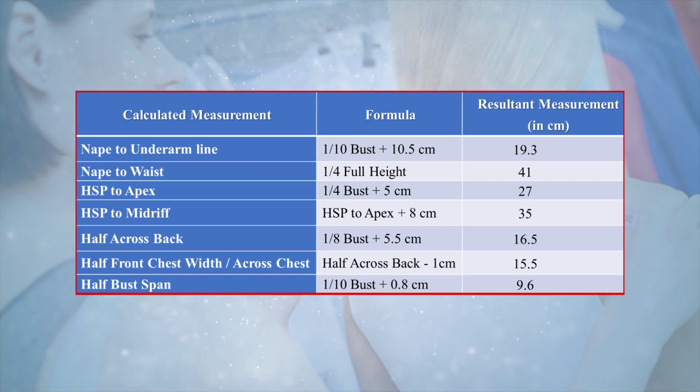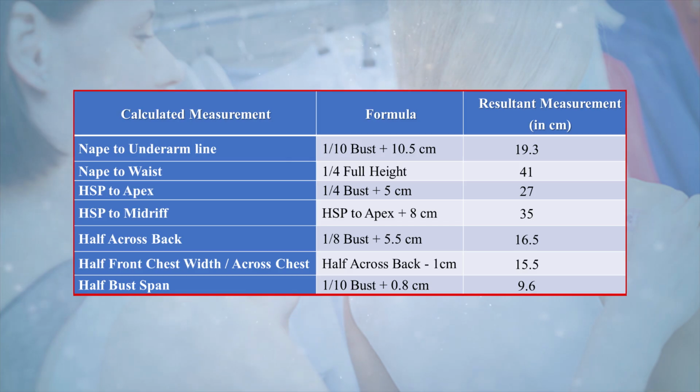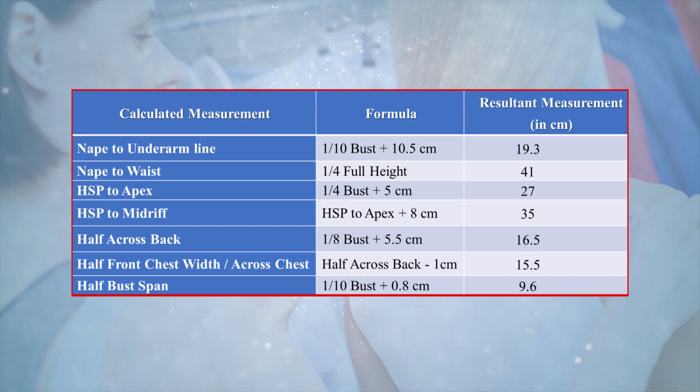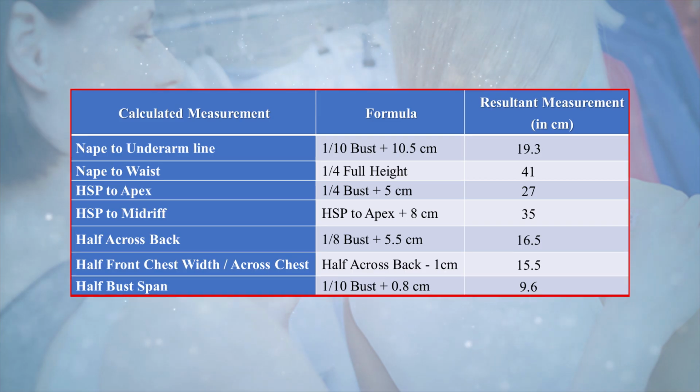What does this formula mean? Our actual bust circumference is 88, so we take 1/10 of that 88 centimeters and then add 10.5 centimeters to get the resultant measurement.